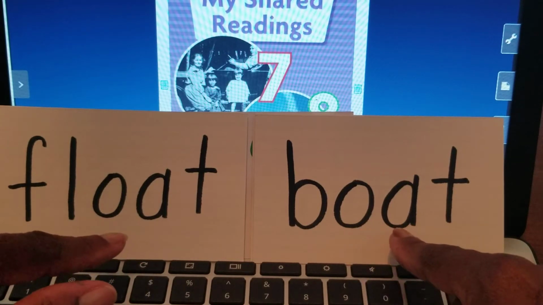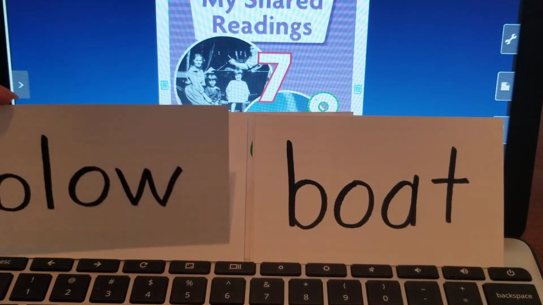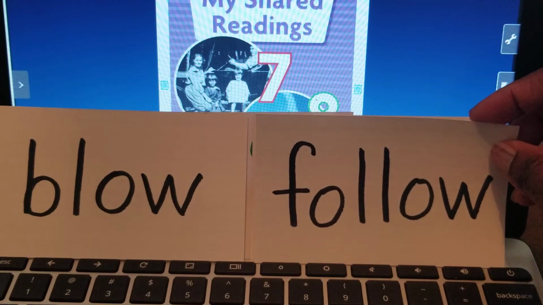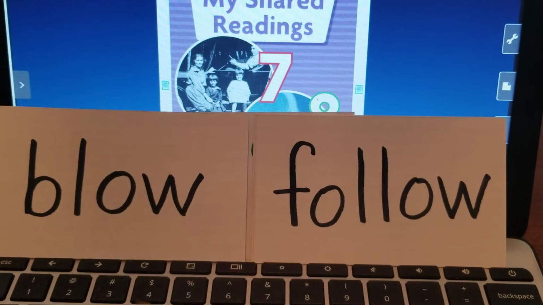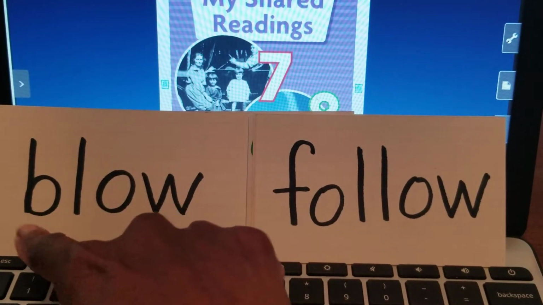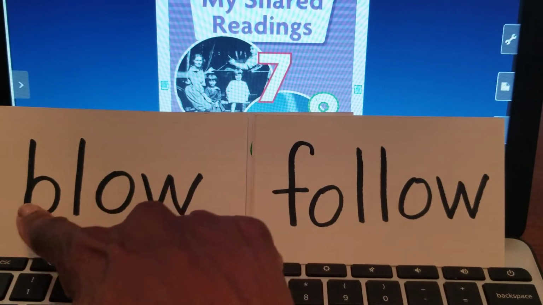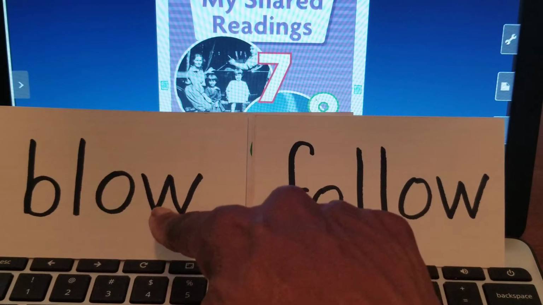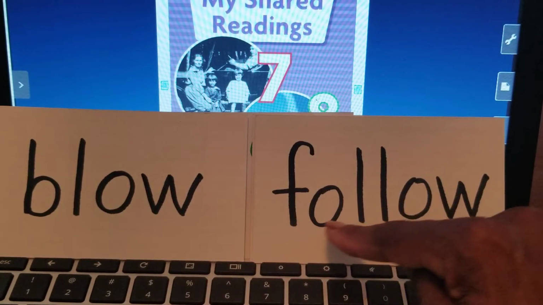Remember, OA says O. And then finally, let's do OW again. Different words. OW says O. So this is another L blend. Bl. Put the B sound with the L sound. Blow.